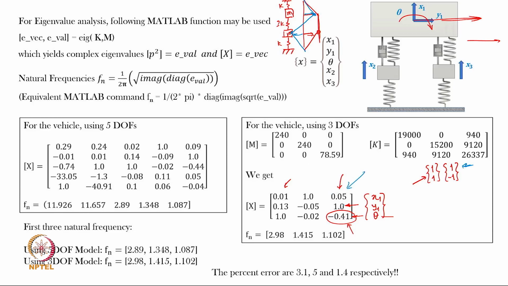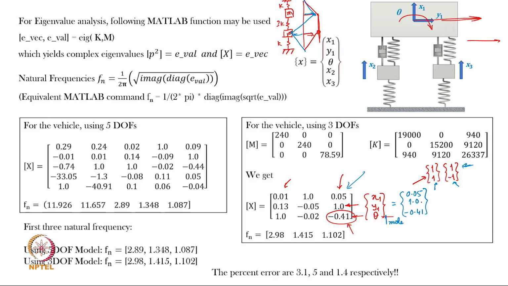So, you will have 3 mode shapes. So, this one was the mode shape number 1, first mode, and this one was second mode. Now, here what we are getting in the first mode, mode number 1, the values are 0.05, 1.0 and minus 0.41. Okay. So, how do we visualize this?